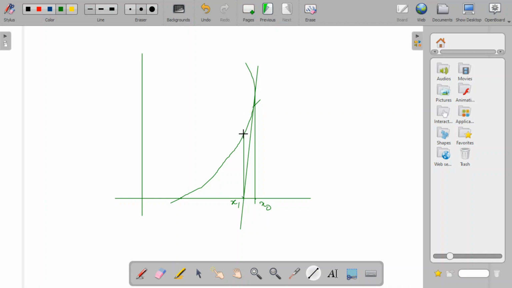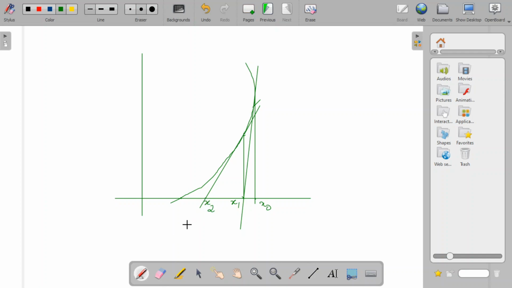This is the point f of x1. At this point I again drew a tangent, and this tangent cuts the x-axis again at another point, and this point is our x2.